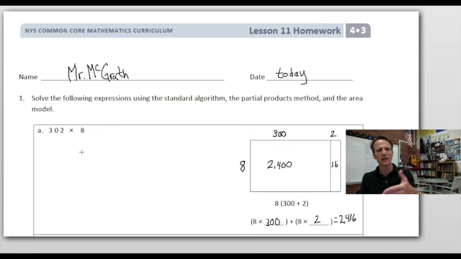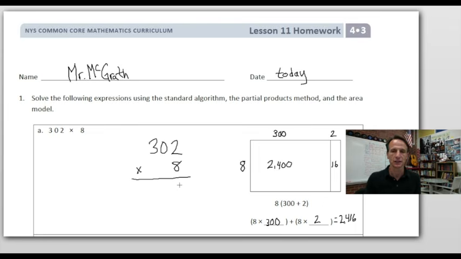And I wanted to do that one first because that'll help us to see what we're doing in the other two methods. In fact, I want to continue working backwards. And here in the middle, I'll do partial products with you. So we're saying 302 times ye old 8. And you'll see that partial products perfectly mirrors what we just did in the area model.